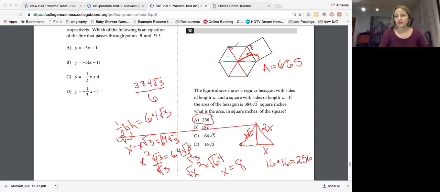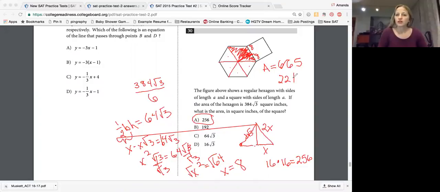I could see, maybe the square fitting in this amount of space, somewhere along those lines. So it's probably somewhere around a third of the area of the hexagon, if I was just eyeballing it. So if I think about what 665 is divided by 3, that gave me 221.